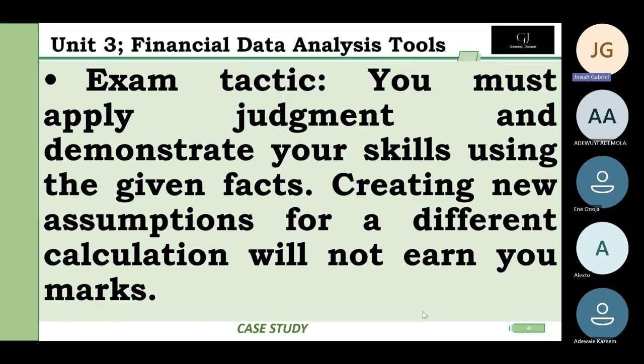The application is very important. The exam technique is you apply your judgment to demonstrate your skills. No matter the technique or the tool you're asked to use, if you don't come up with analysis and make your decisions, you will earn very few marks for just calculation. And that has been said over and over again. So you must apply your judgment, demonstrate your skills using the computation into interpretation.